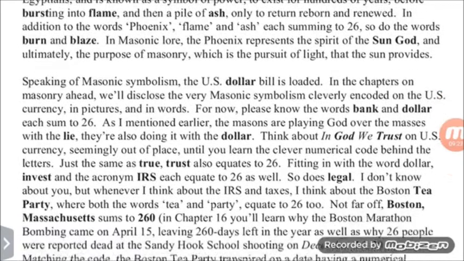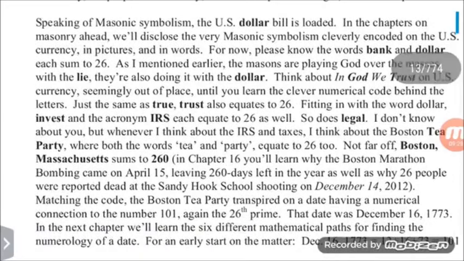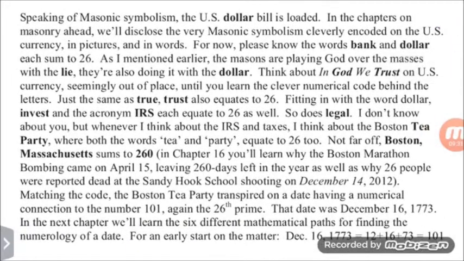Speaking of Masonic symbolism, the US dollar bill is loaded. In the chapters on Masonry ahead, we'll disclose the very Masonic symbolism cleverly encoded on the US currency, in pictures and in words. For now, please know the words bank and dollar each sum to 26. As I mentioned earlier, the Masons are playing God over the masses with the lie. They're also doing it with the dollar.